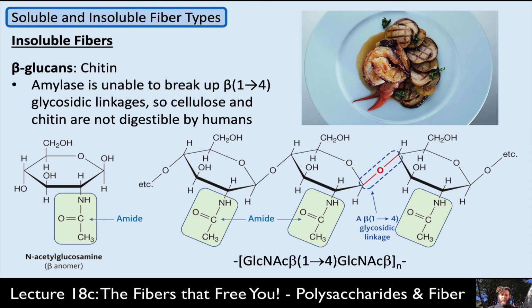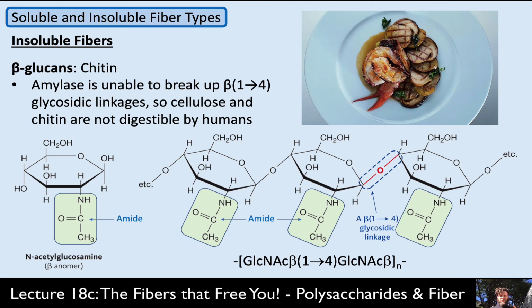see there. That group in the cream-colored box, that's called an amide, and when that's added to glucose, we call the molecule N-acetylglucosamine. N referring to the nitrogen, acetyl referring to the carbonyl group, the C double bond O group.